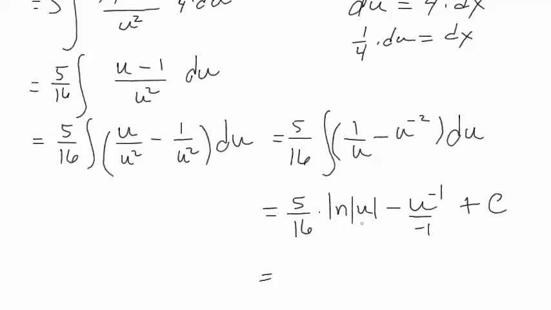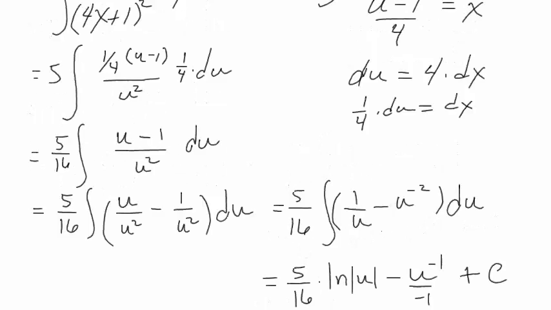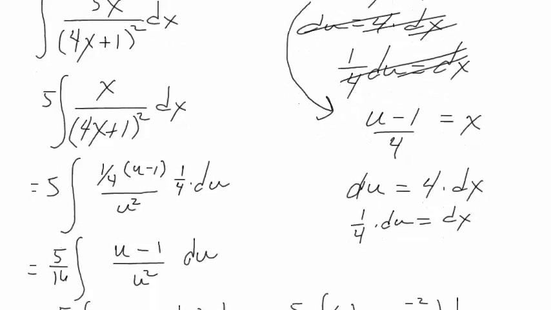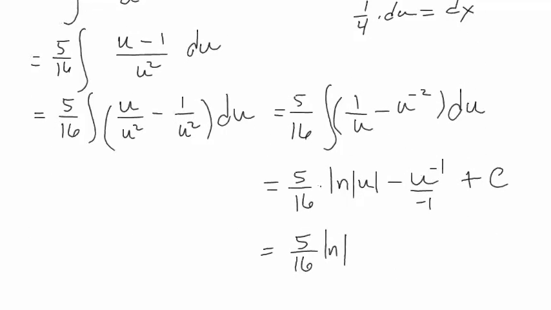But remember, we want to get everything back in terms of x. So this becomes 5/16 the natural log of the absolute value. Do we remember what u is? We'll have to go up here and take a look at that. 4x plus 1.